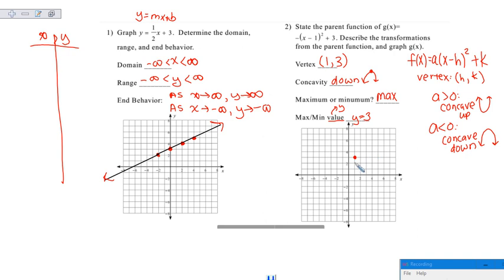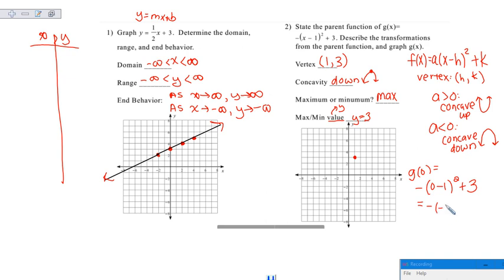So now at this point, we could just get a general sketch, or we could go ahead and plot another point to figure out the rest of our quadratic. So let's plug in 0 and find what g of 0 is. I get negative 0 subtract 1 squared plus 3. Be sure you're following your order of operations.